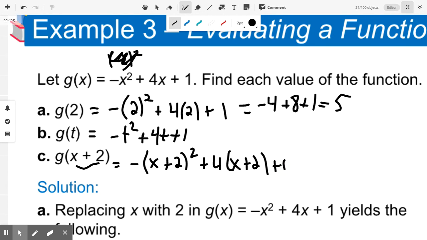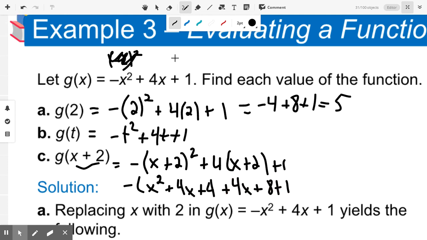Now you would have to multiply this out, so that's going to be negative x squared plus 4x plus 4. Distribute the 4, plus 4x plus 8 plus 1. And then when I simplify all that out, I forgot to close my parentheses. This negative has to distribute there. So that's going to be negative x squared.